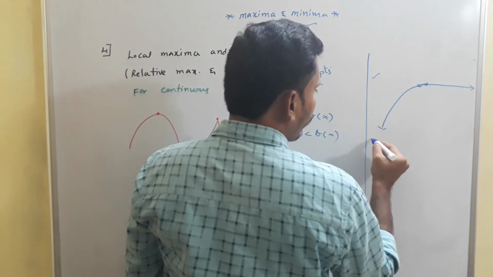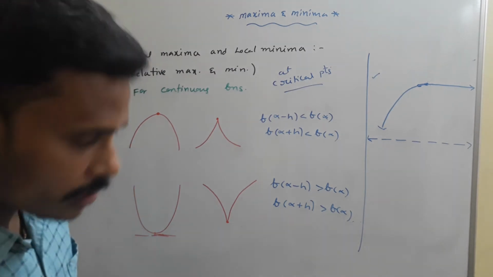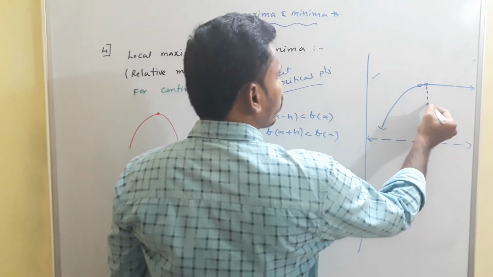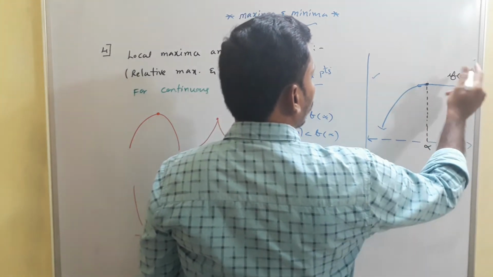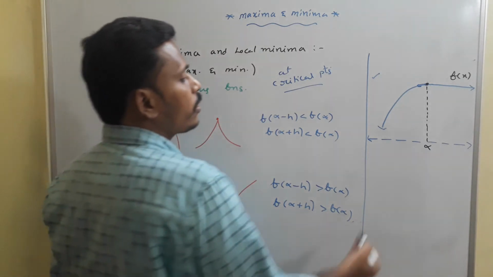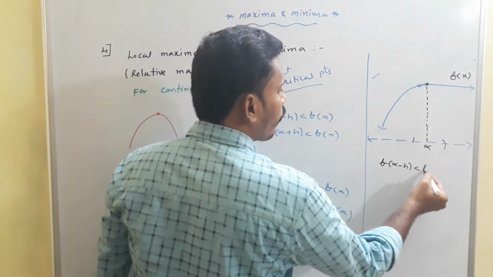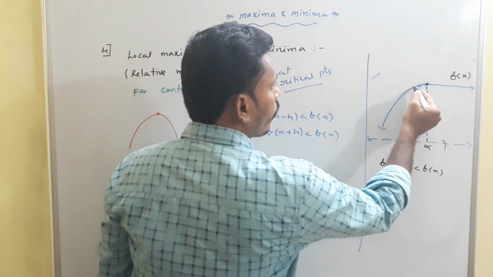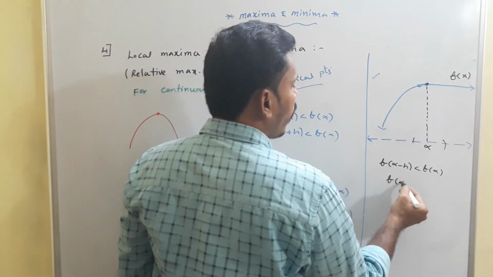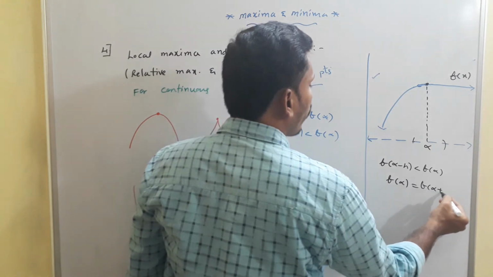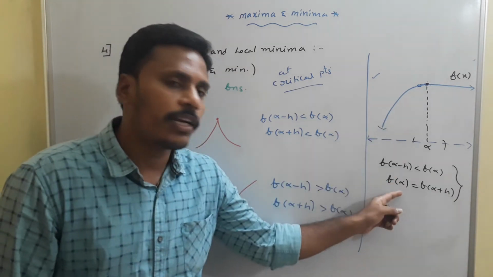For this graph, if it is the x-axis, at this point alpha the function f of x is getting its maximum value. In the neighborhood of alpha, f of alpha minus h is less than f of alpha, but on the right side of alpha you will get the equality sign, f of alpha is equal to f of alpha plus h. For this type of graphs these are the conditions.